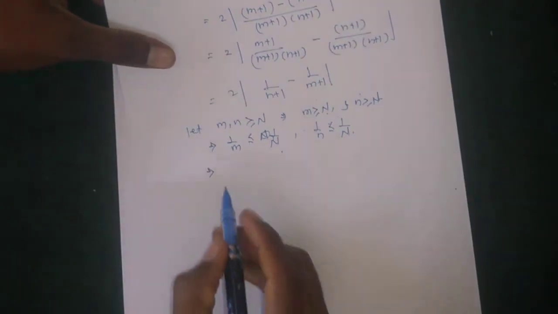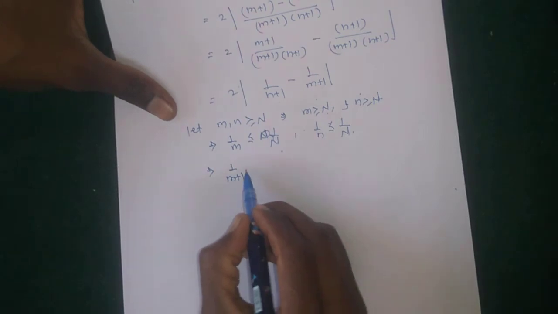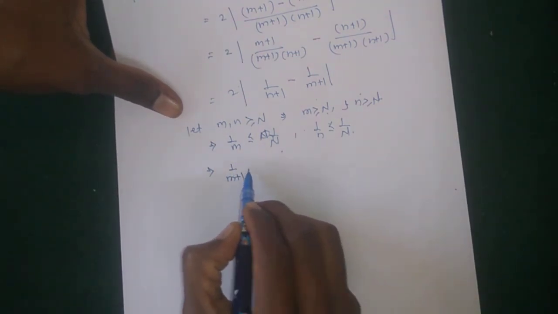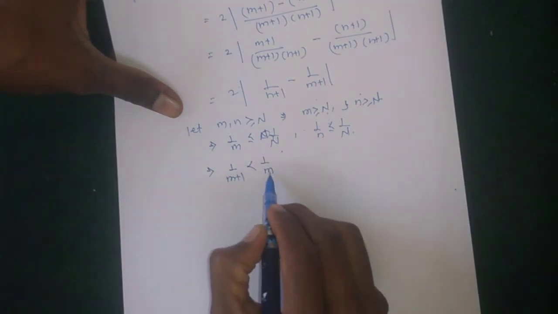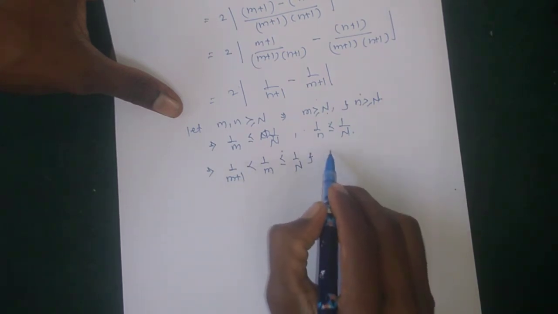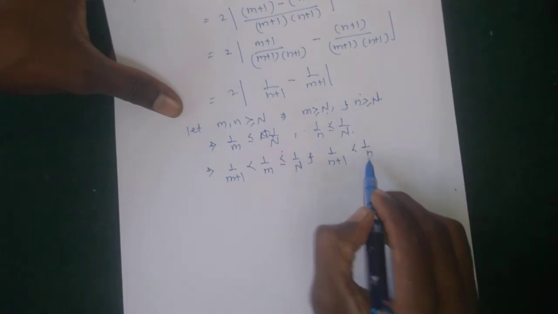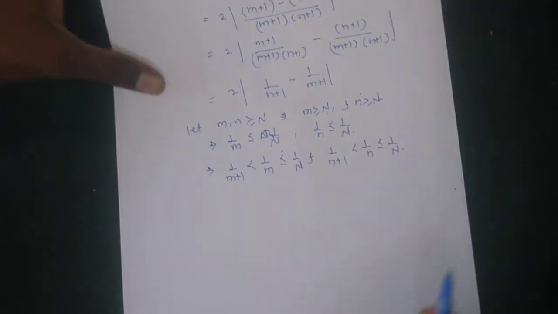So 1 upon m+1 must be strictly less than 1 upon m, which is less than or equal to 1 upon N, and 1 upon n+1 must be strictly less than 1 upon n, which is less than or equal to 1 upon N.